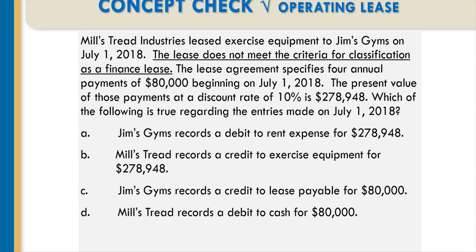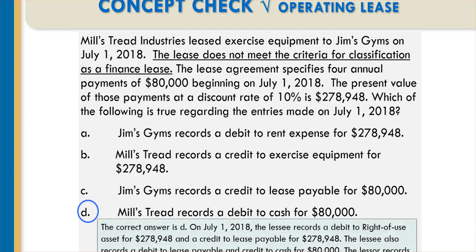So when you work through the problem, you don't really have to go very far into this to start seeing or excluding the ones that just don't make sense at all. And then the correct answer, the only thing we can really say is that the debit is to cash that the lessor gets to record at the very beginning. There's an explanation. I kind of cut it off in this voiceover, but you have the PowerPoints that you can download and look at that.